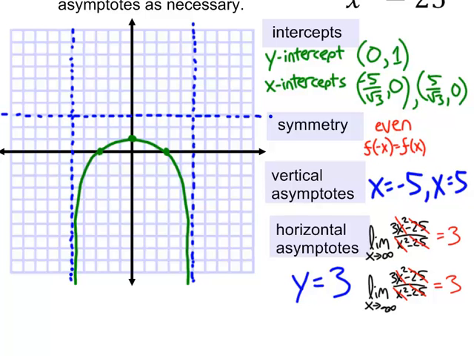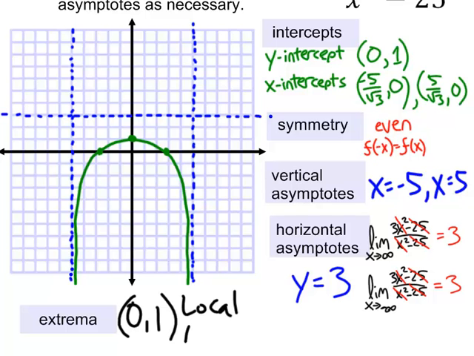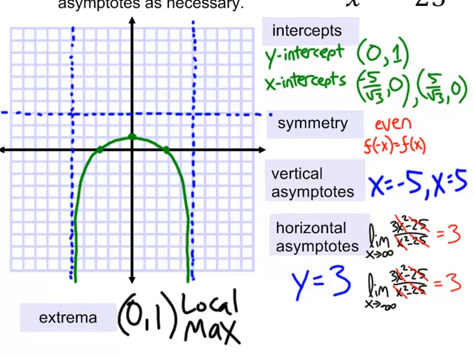And so to make sure I've answered all the things I was supposed to do, extrema, I would say that that occurred at 0, 1, and that was a local max. And that apparently is our only extreme. Now, ultimately, I was supposed to sketch what this graph looked like, right?